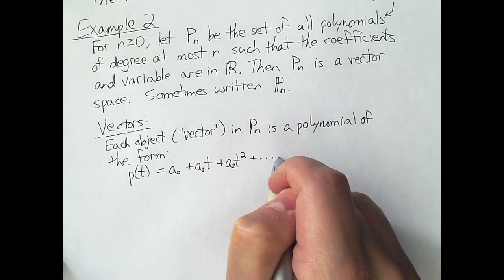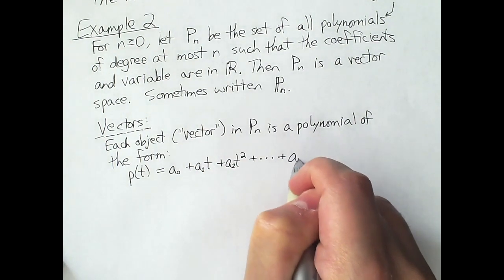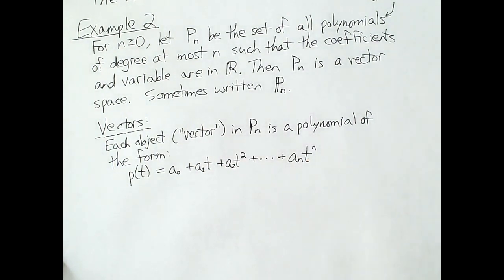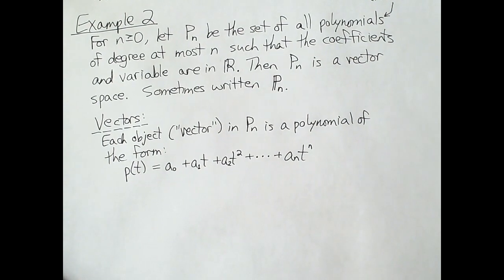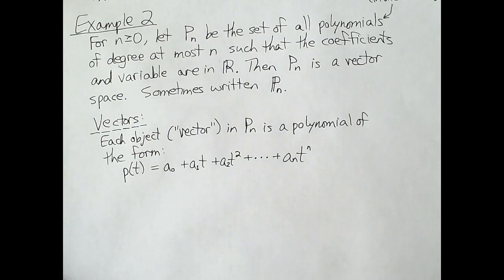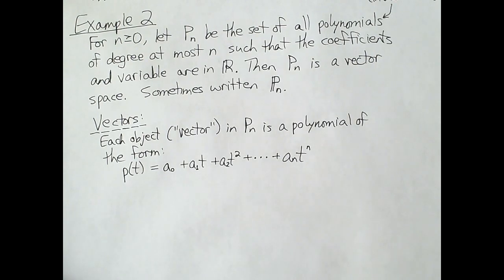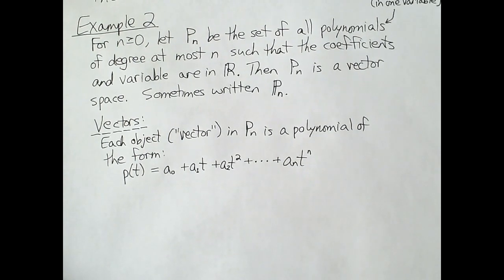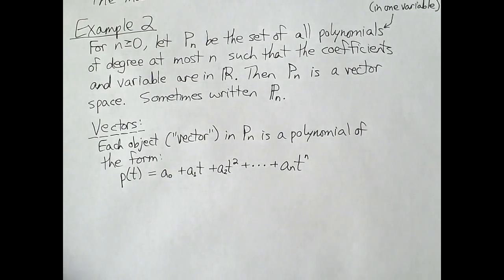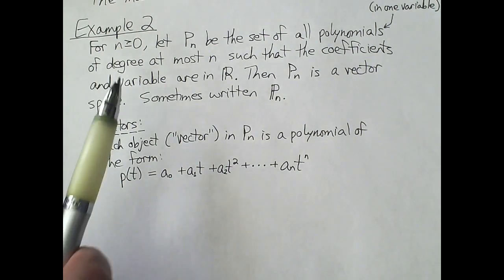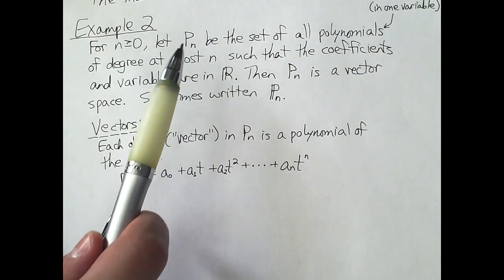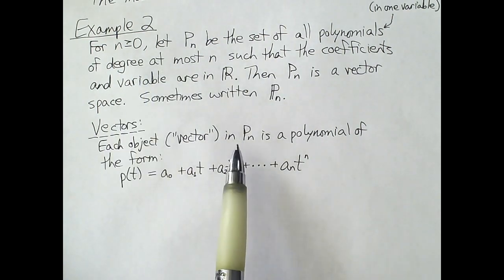We don't really know how big n is, but it goes up to a sub n t to the n. And that is what a vector is in this vector space. It is a polynomial. I think that this vector space Pn has a lot of polynomials in it, but they all fit this form. So we could talk about the vector space P2, P3, P4, whichever one we're talking about.